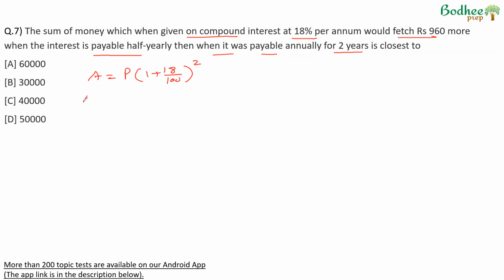When this is done half yearly, A dash will be P into 1 plus 18 by 2 into 100 raised to power 4 in 2 years because there will be 4 half year periods. So this becomes A dash is equal to P into 1 plus 9 upon 100 raised to power 4.